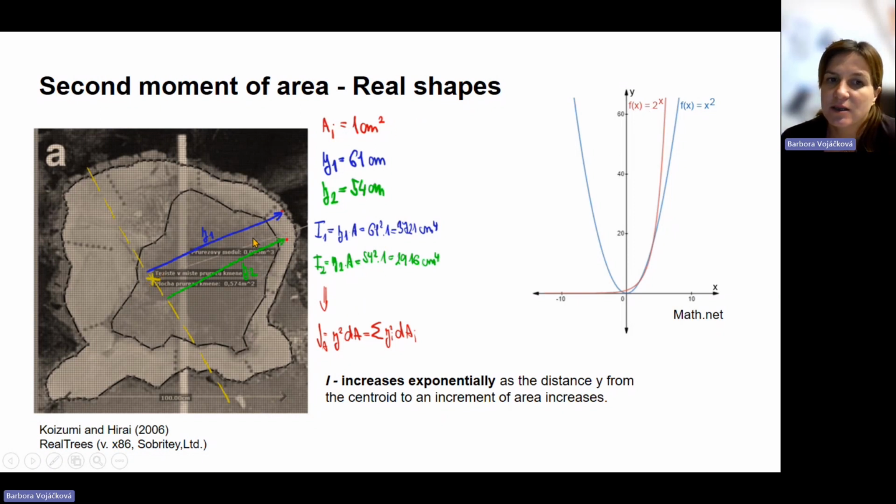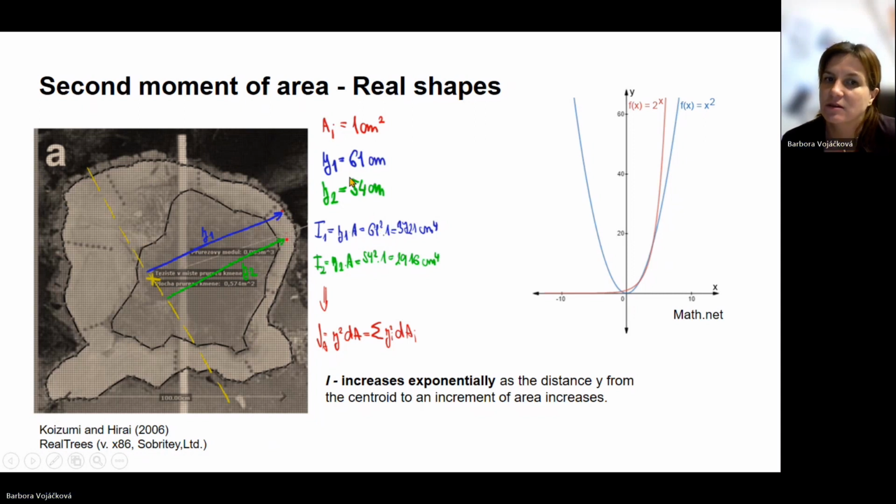So here you can see an irregular section, with an example just for two parts. I will split the cross-section into small rectangles, where each rectangle has the dimension 1 centimeter squared, an easy number for us. And now we see what's going on. When I have this dimension, I am computing the part of the moment of inertia in this area, and I multiply it.